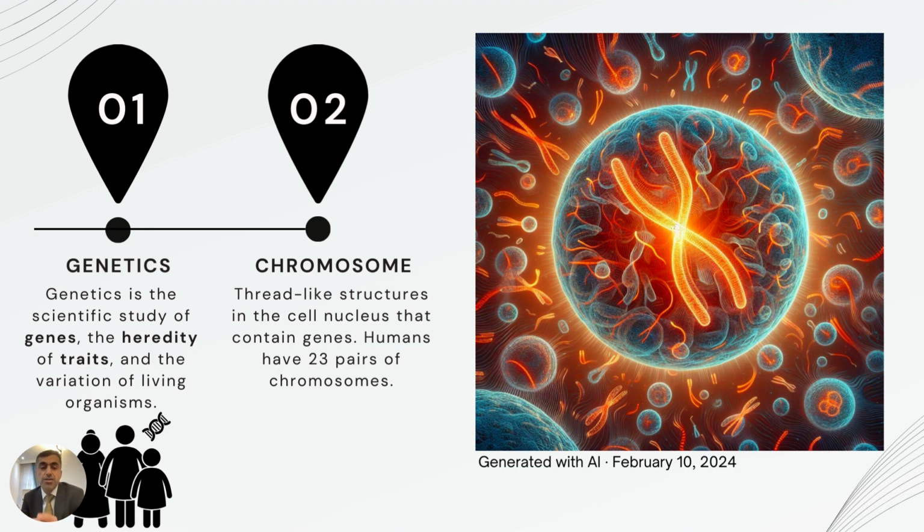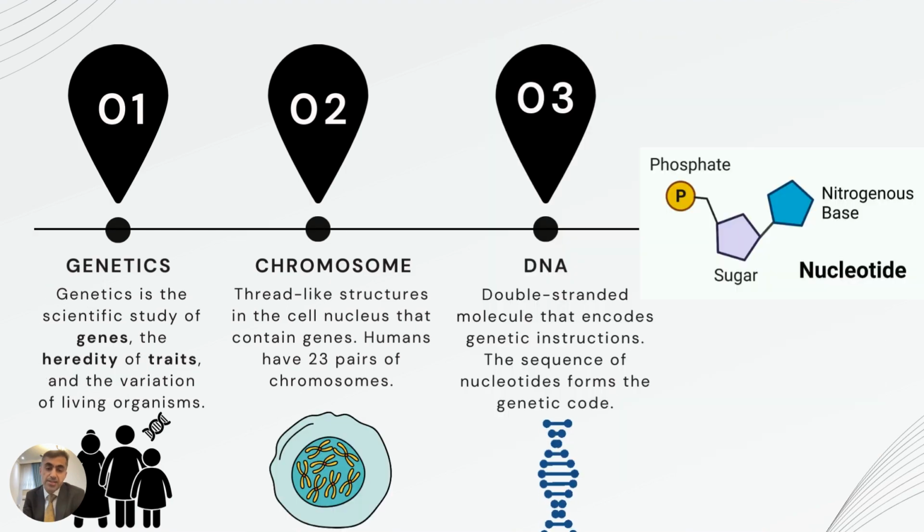Chromosomes are thread-like structures within the cell, and the nucleus of a human cell contains 23 pairs of chromosomes. Let's see, a chromosome consists of what? DNA, proteins, and RNA. So we can say chromosomes are the house for DNA.